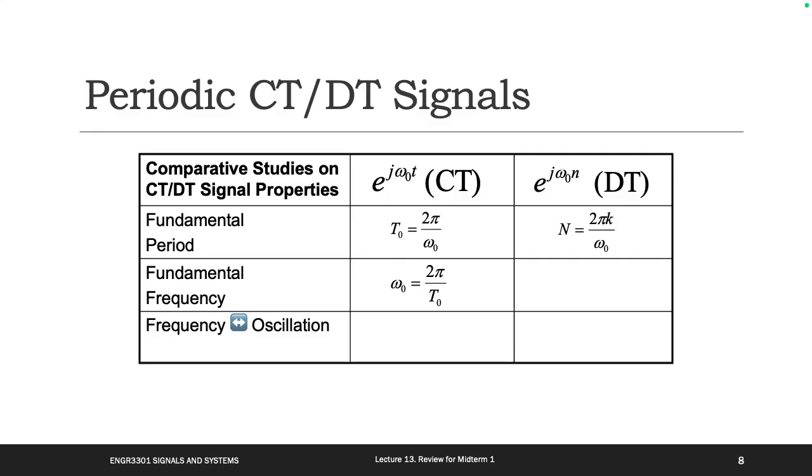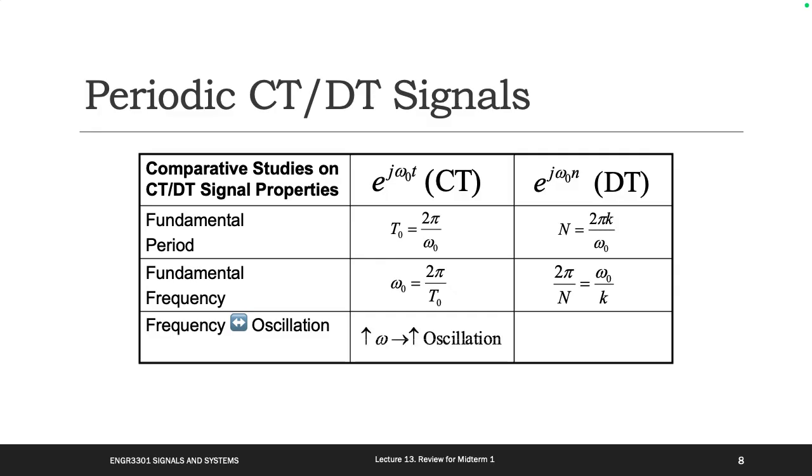How about the fundamental frequency for DT? Because we want omega naught, we need to move this one here, and omega naught equals 2 pi k over N, am I right? But the problem is we want the smallest omega naught, so we just divide by k here. So this is the fundamental frequency for the DT signal.